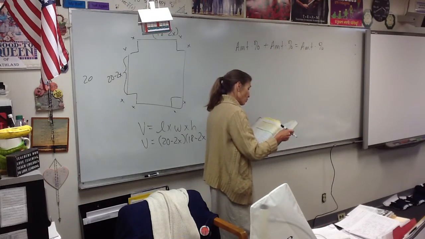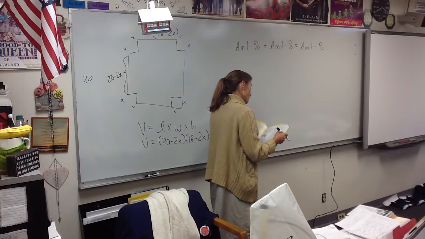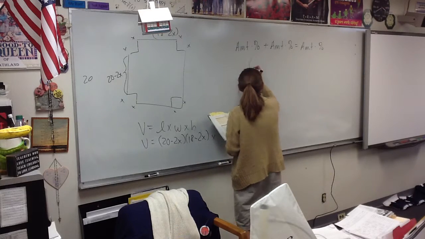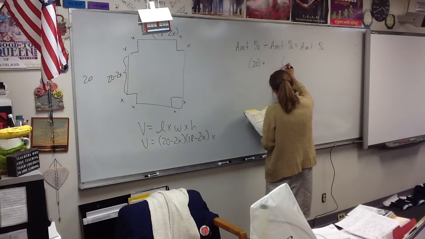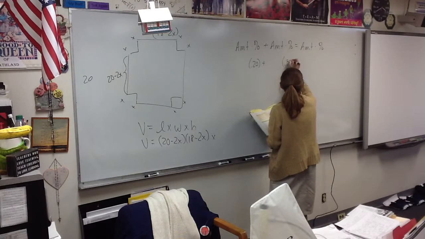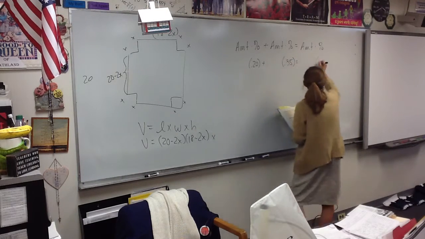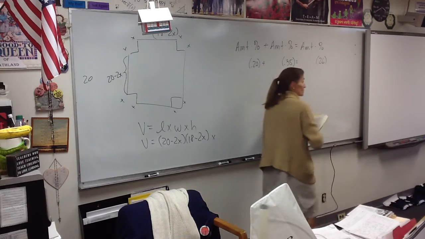So here's how this works. I'm doing problem number 32. My percentages are 20 and 35. That's what I'm mixing together, and I'm going to end up with a 26% solution.